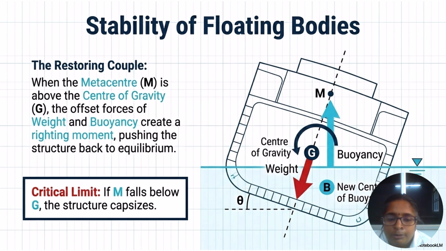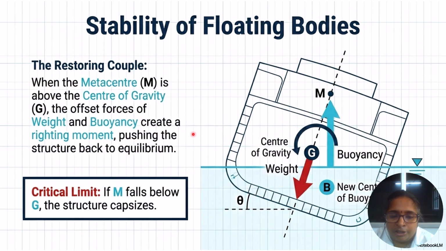We have seen about buoyancy in the previous slide, that it is an upward force which resists or pushes the structure back to equilibrium. M is the metacenter, G is the center of gravity, B is the center of buoyancy, and theta is the angle of inclination.